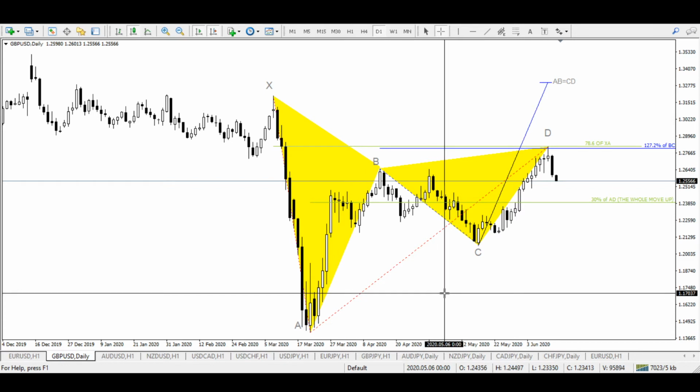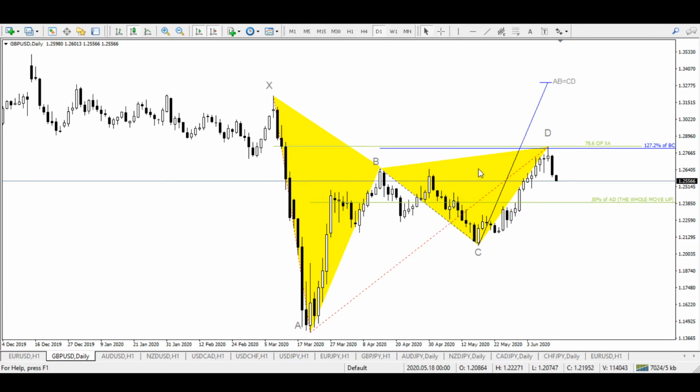Rather, I can say that this Gartley is going to cause a short-term downward retracement, and the minimum target of a Gartley is 30% of the whole move.